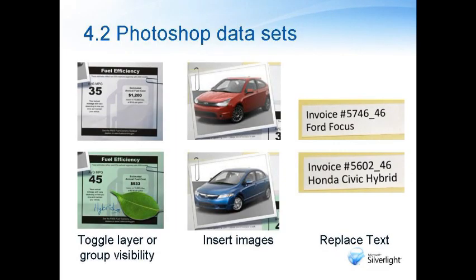Things you can do with this datasets feature is toggle layer visibility. You can insert images, and you can also replace text. Now, the interesting thing about the toggle layer or group visibility is that it includes toggling the visibility of adjustment layers. So if you have an adjustment layer that tweaks the contrast and the saturation of something, you can programmatically do that via Photoshop and datasets.